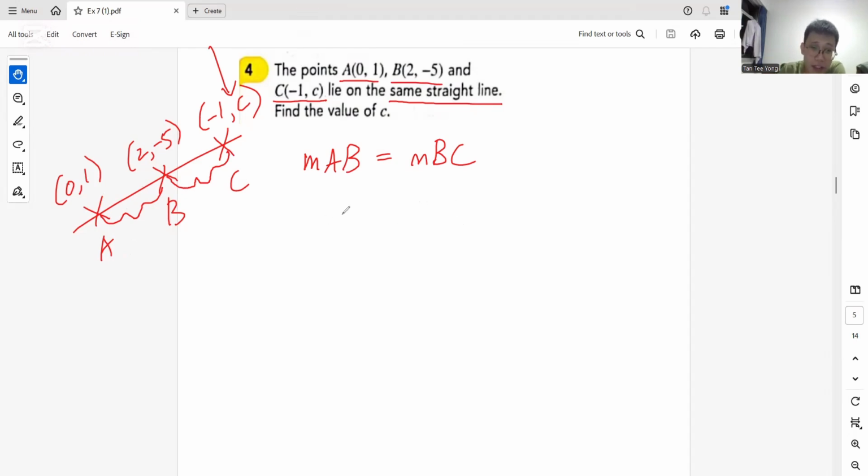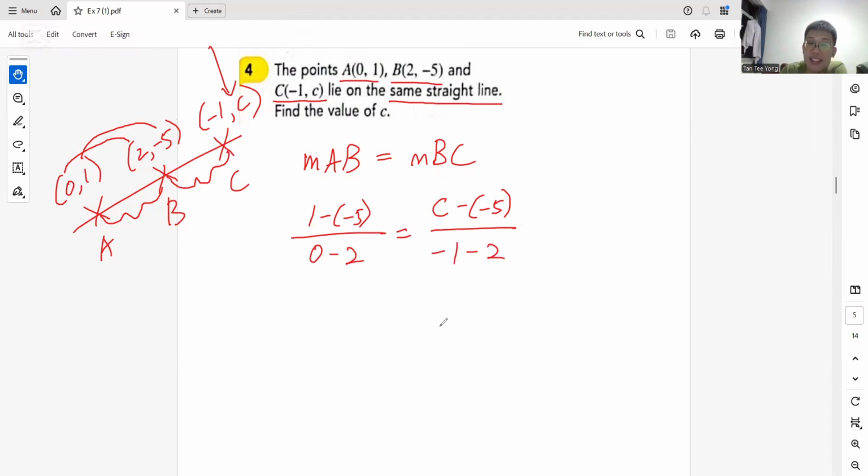Gradient of AB is 1 minus negative 5 over 0 minus 2, which equals the gradient of BC, c minus negative 5 over negative 1 minus 2.